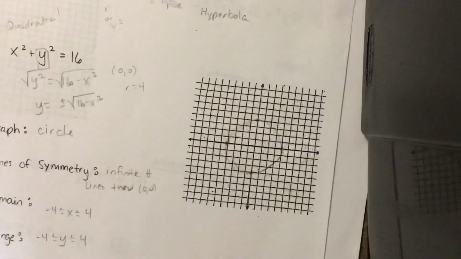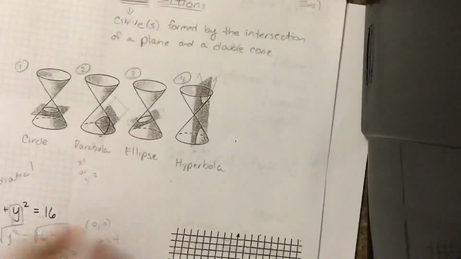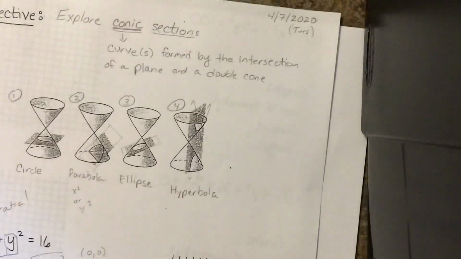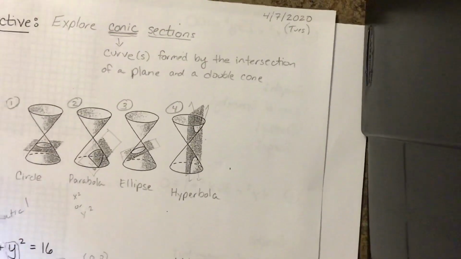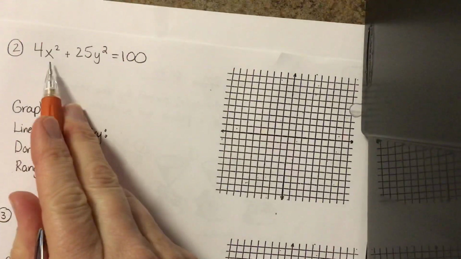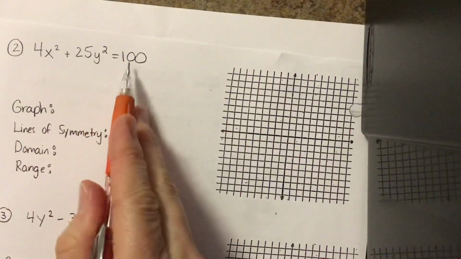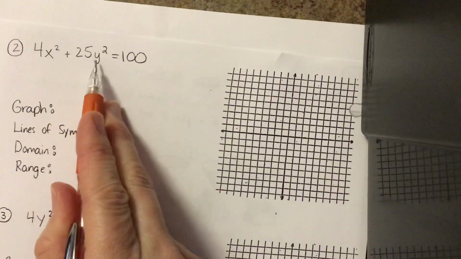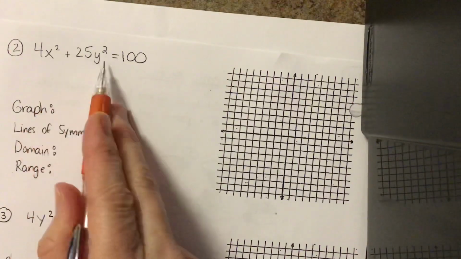And this is the circle, the most basic of the 4 conic sections, and we'll spend a day on each one. All right, now, second example. 4x squared plus 25y squared equals 100. Okay? I have an x squared and a y squared. All right, so I know it's not a parabola.